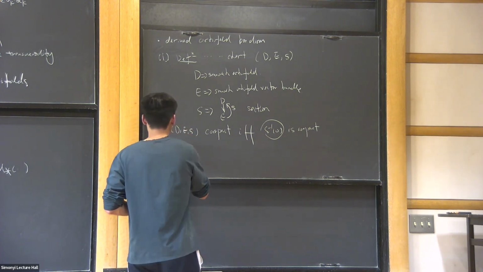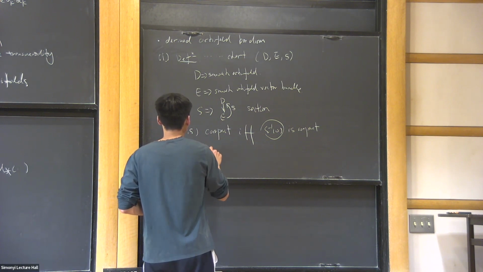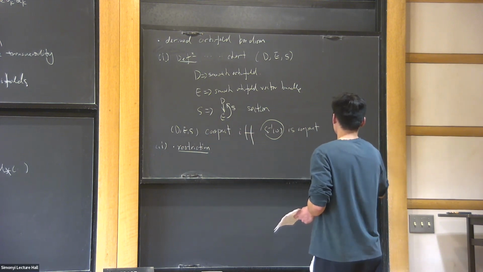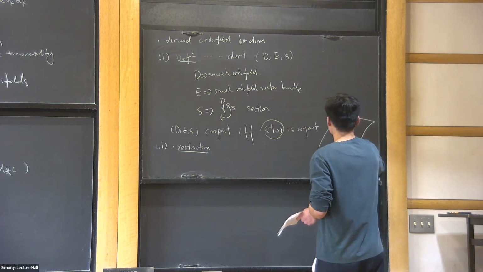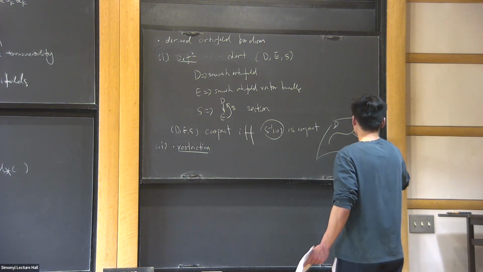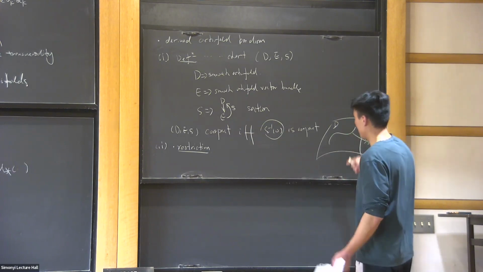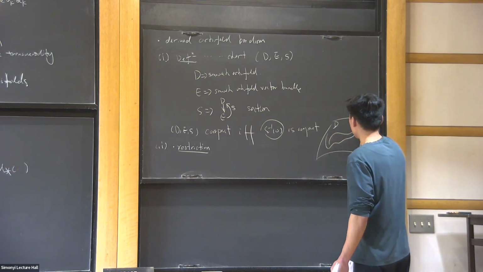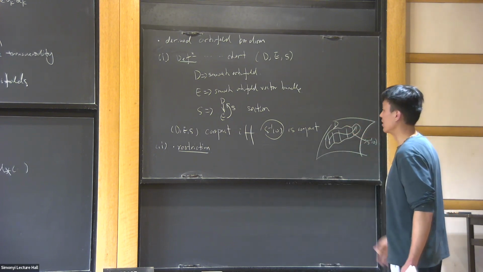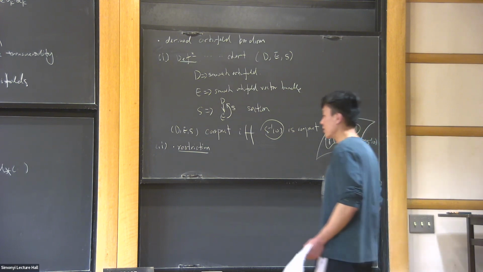So the first thing is called the restriction. The picture you should keep in your mind is, let's say this is our ambient orbifold, and this is our zero locus. Because we just care about the geometry of the zero locus, we should be free to restrict ourselves to an open subset of this ambient orbifold D which contains the zero locus.